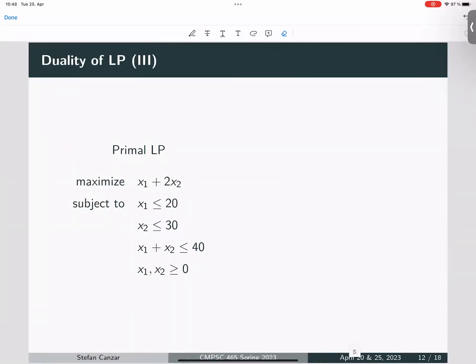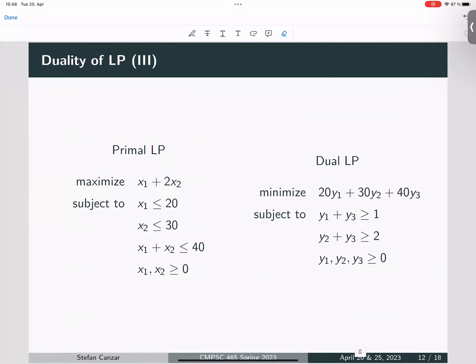Yeah, so this is summarizing basically what I just said. This was our original linear program. This was a maximization problem under these constraints. And we created a so-called dual linear program where we try to minimize this function here in y1, y2, y3 under these constraints that we had before. And all these variables had to be non-negative.